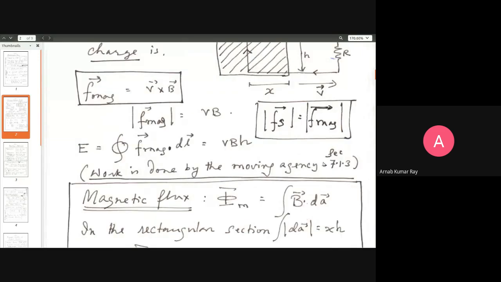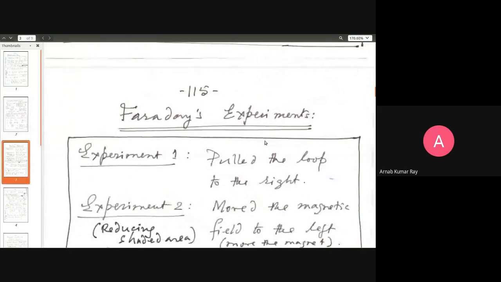If you want a deeper understanding of it, I have written the section in this book, and you can also check section 7.2, electromagnetic induction, in your book, David Griffiths. Anyway, I'll tell you all these things later. This experiment you can see in section 7.1.3, this whole discussion on the experiment. This is the fundamental experiment.